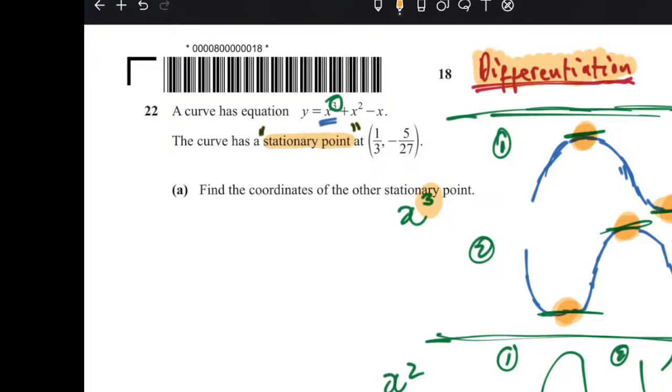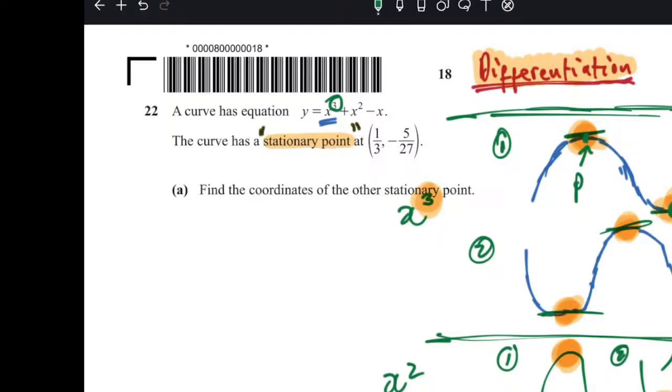When I see the word stationary point, if it's an x squared, there will only be 1, either on 1 or on 2. But for x cubed, there are 2 on 1, there are 2 on 2. For x squared, there is 1 on the first graph, there is 1 on this one. So what I want you to know is that when they ask you to find them, they can give you a graph and say, find the coordinates of P and Q. They say this is P, this is Q, then they ask you to find their coordinates.